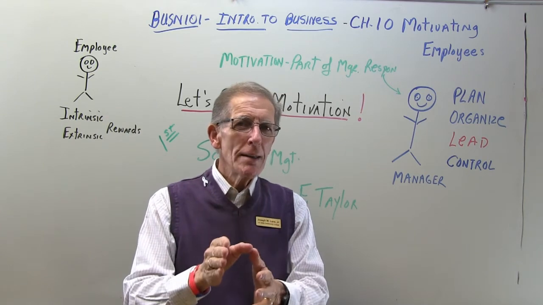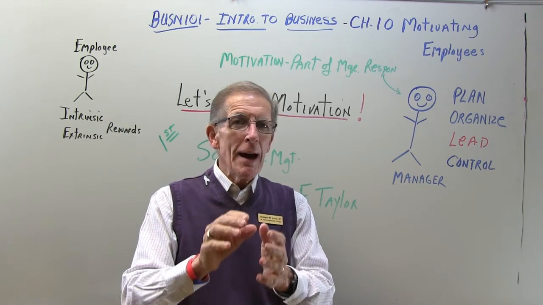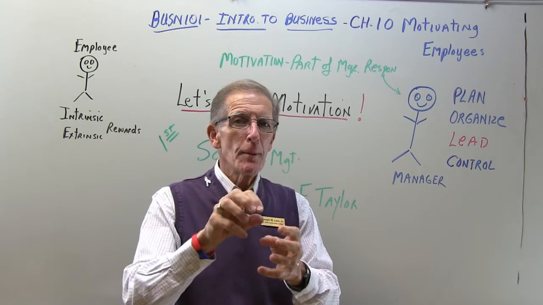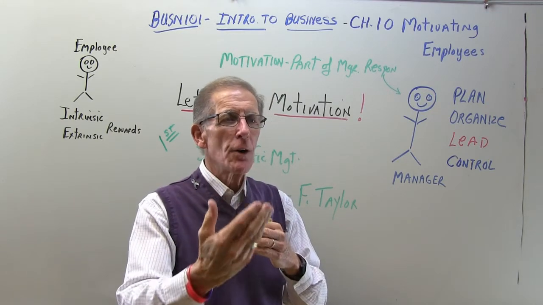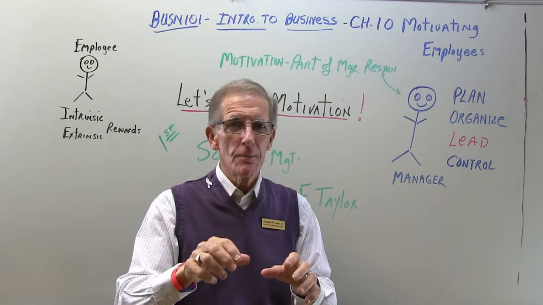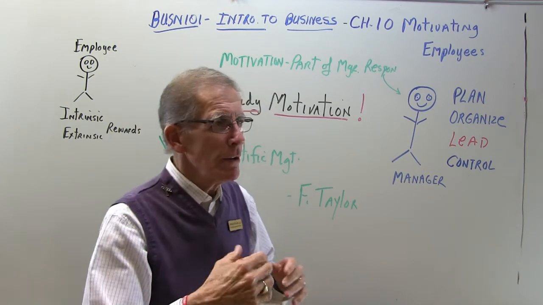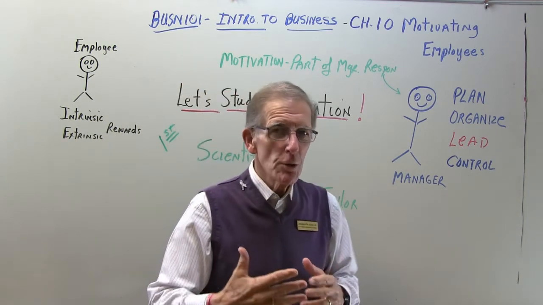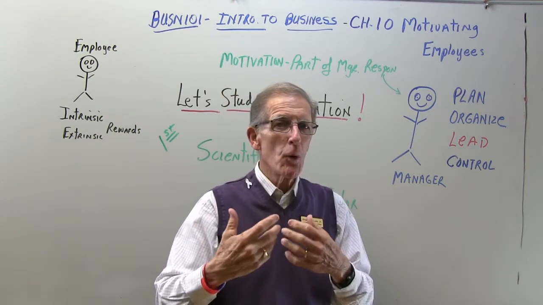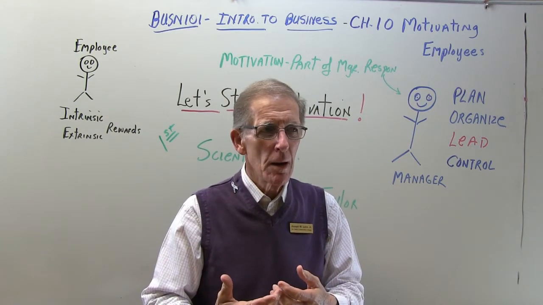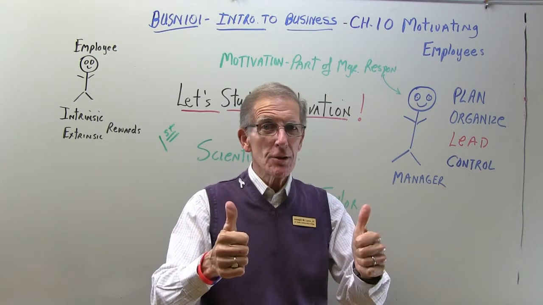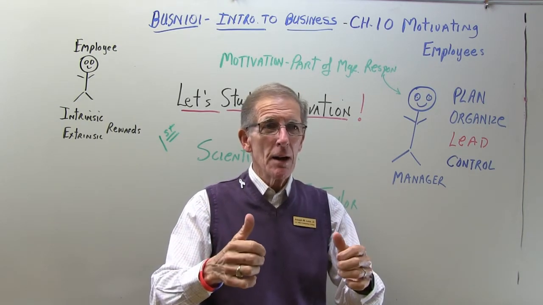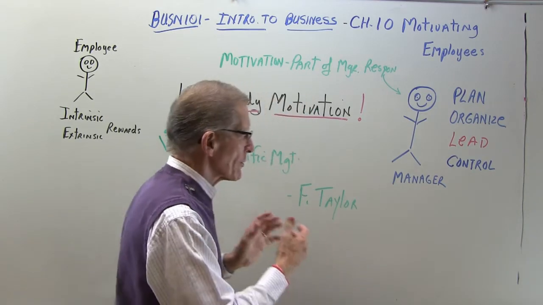Then they would train that employee in the way to do that job even better. And then that person would start doing that job the new way. And in doing so, since they could do the job better and more effectively, they produced more for the company. That's a good deal, right? Right. Frederick Taylor, father of scientific management.